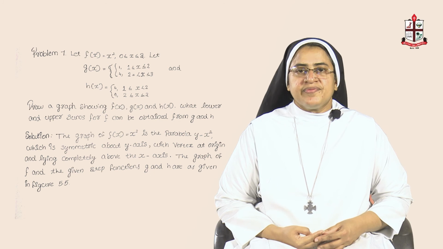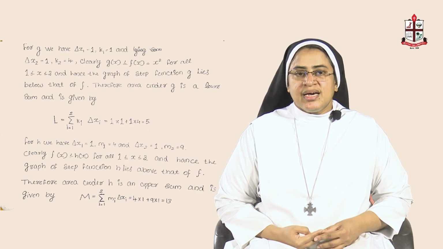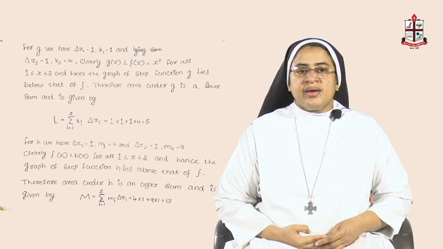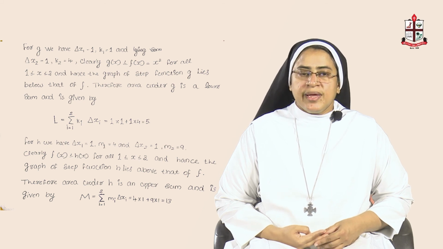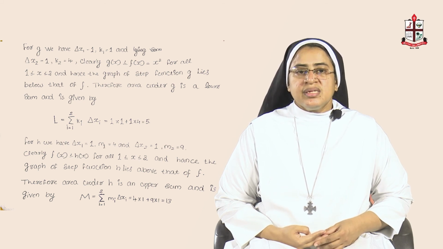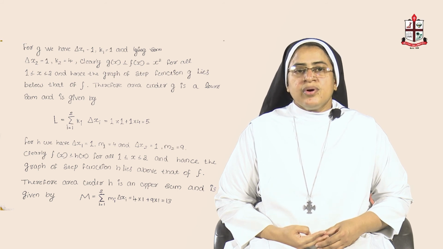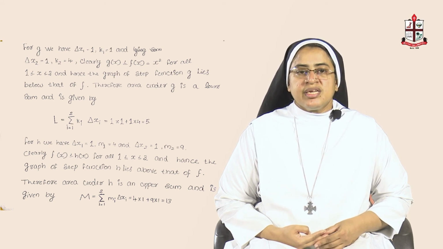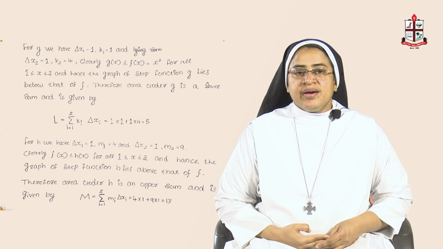For g, you will see that delta x1 equals 1, k1 is equal to 1, and delta x2 equals 1, k2 equals 4. Then it is possible to say that g of x is always less than or equal to f of x, that is x square, for x in 1 to 3, and the graph of the step function g lies below the value of f.